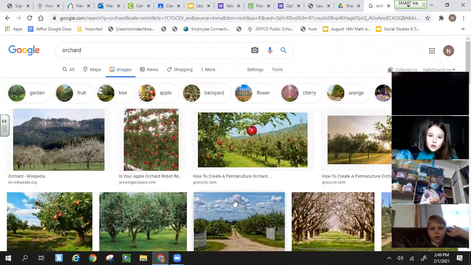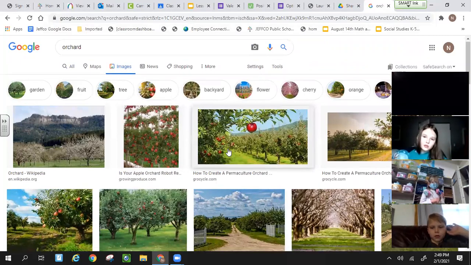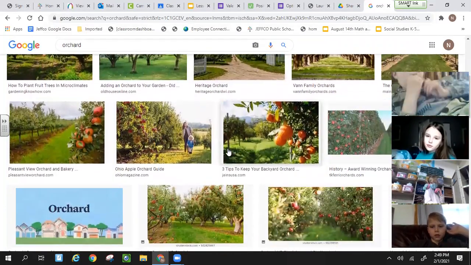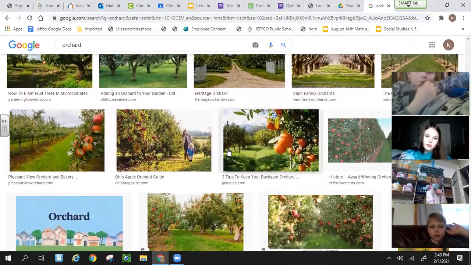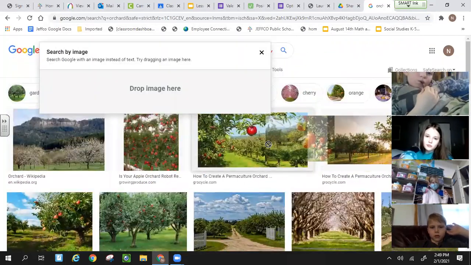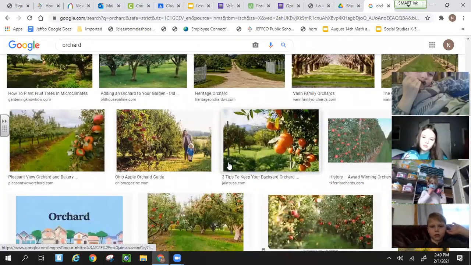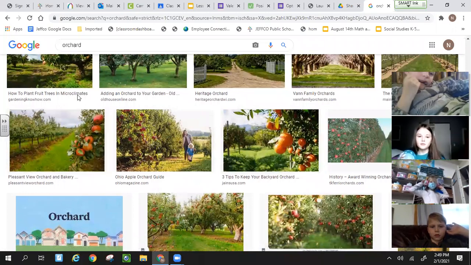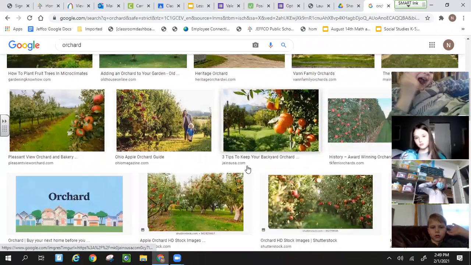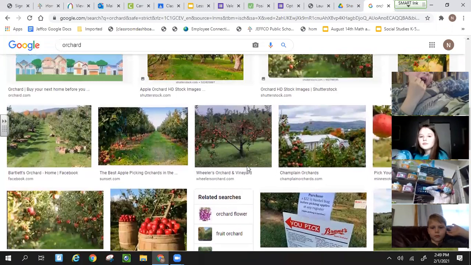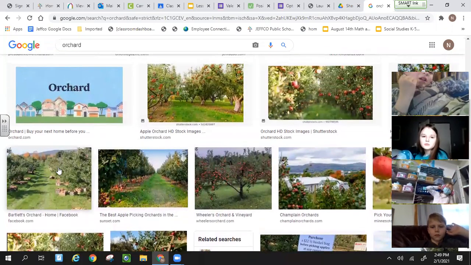An orchard is where they grow different kinds of fruit, right? Like an apple orchard. There's citrus trees. But they plant the trees in rows, right? In an orchard, you're going to see lots of rows with lots of trees in each one.